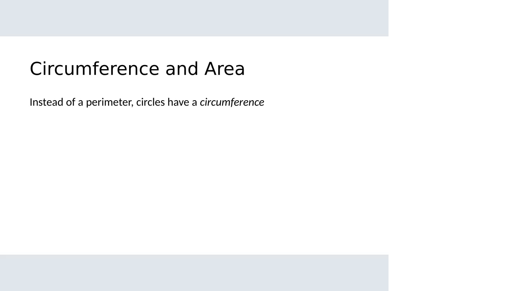So instead of perimeter, we're going to use the term circumference. It's the same idea as before, the distance around. If I imagine myself walking all the way around this circle, how far did I go? The concept is the same. With a circle, we call that circumference.